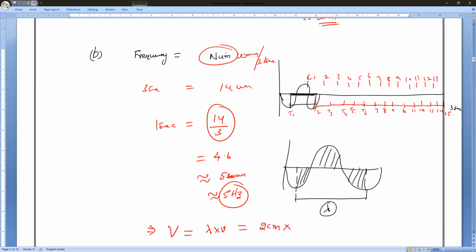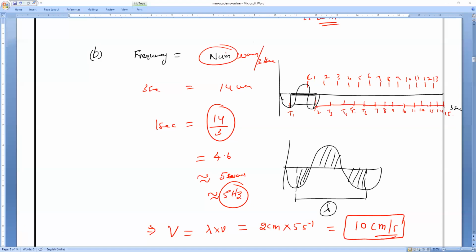And frequency is how much? 5 hertz. So it is equal to 10 centimeters per second. Not converting to meters, directly I'm writing 10 centimeters per second. Is it okay, guys? Clear, everybody? All of you understand now? Please respond. Yes, sir.